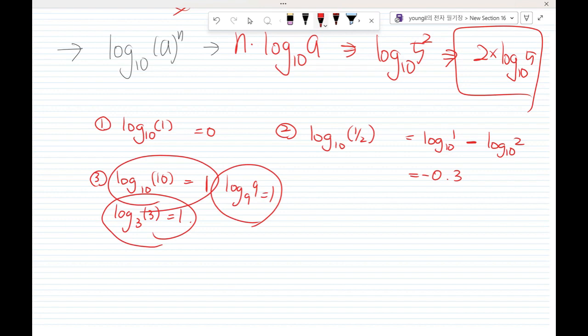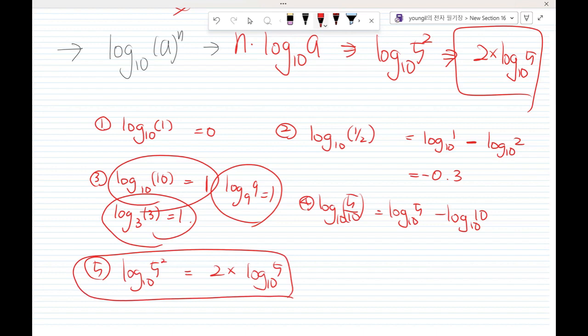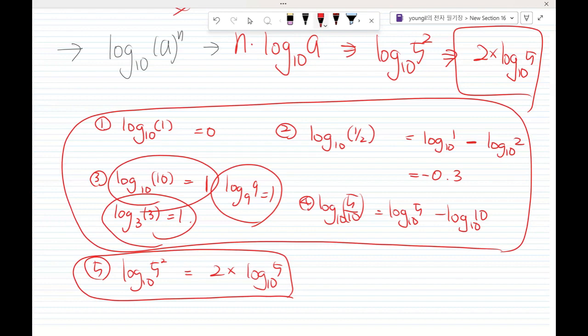And we learned before that log base 10 of 5 over 10 is log base 10 of 5 minus log base 10 of 10. And log base 10 of 5 squared is 2 times log base 10 of 5.